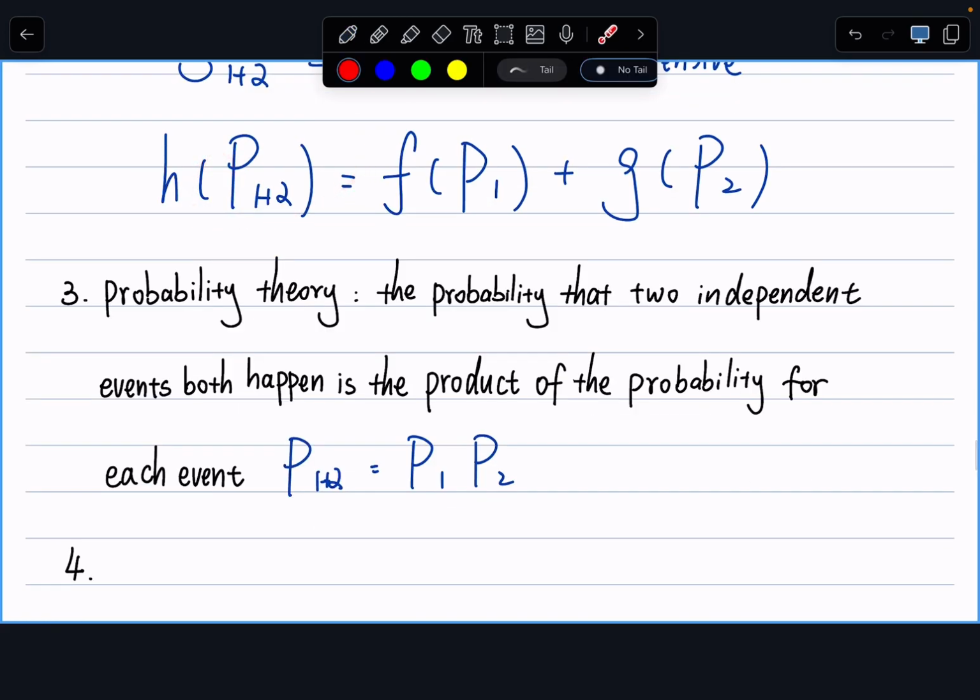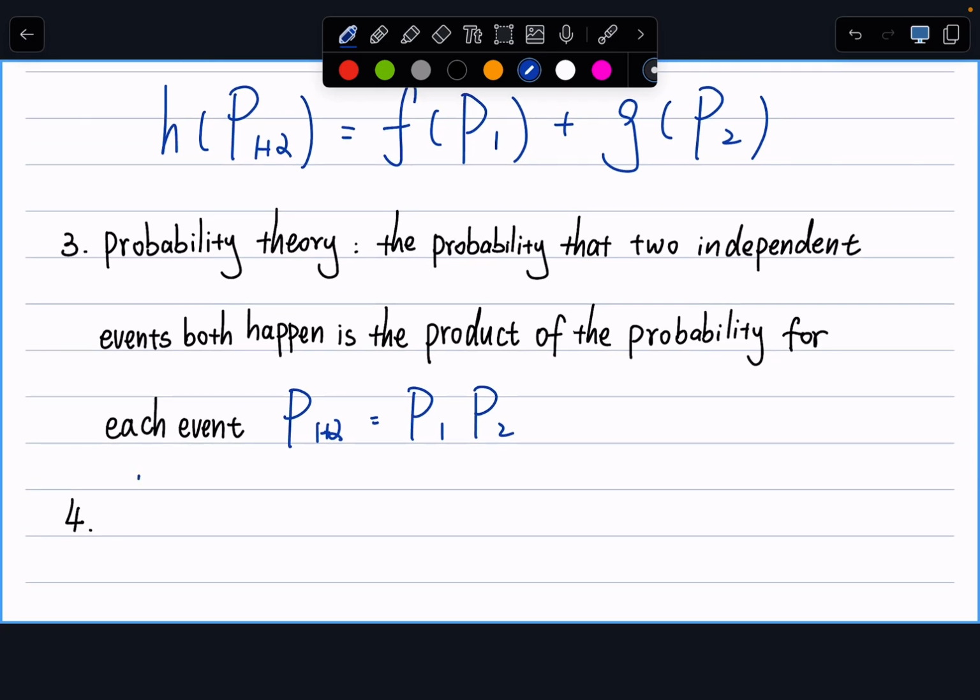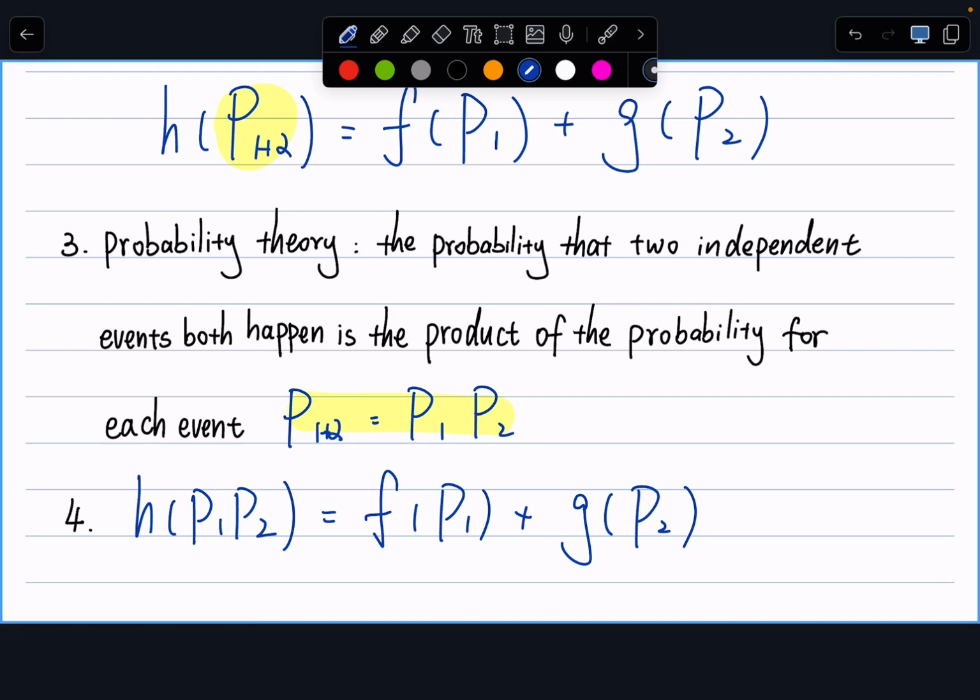So taking these two relationships together, that is using entropy's nature as an extensive function and probability theory, we end up getting some random function of P1, P2. So that's using this relationship here, equals the same kind of function of P1 plus that same kind of function of P2. All right. I don't have the proof for you, but you have to trust me.